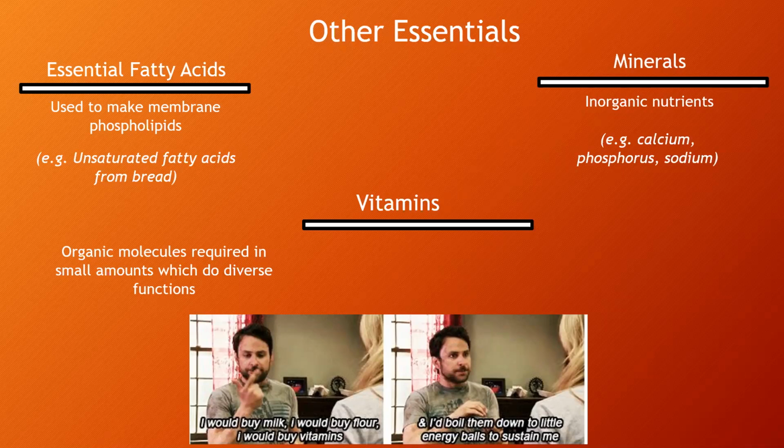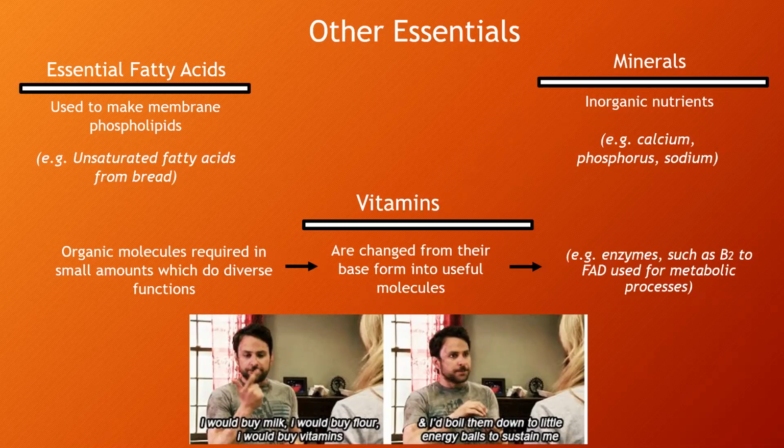Vitamins often have to be processed. And so they're changed from some base form into another useful molecule by proteins. So for instance, with enzymes, you can take B2 and transform it into FAD, and you could use that in your metabolic processes. But it has to come from some base form. It's too complicated to build up in your body.